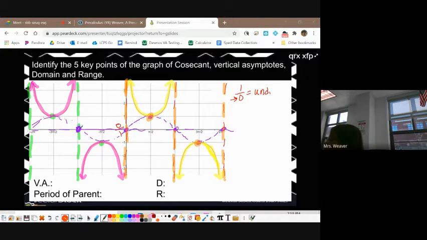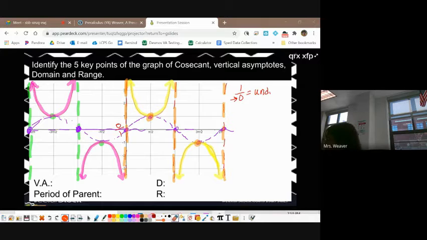Everywhere where the sine function would be at the midline, when we flip 0, we get the 0 on bottom undefined, and we get a vertical asymptote. Then we flip the top half up for the smiley face and the bottom half down for the frowny face. And that's our function.